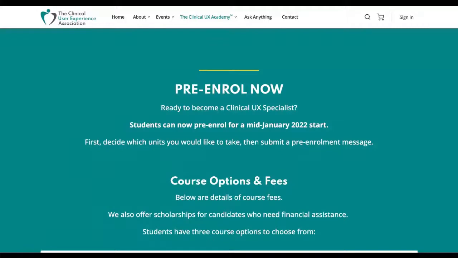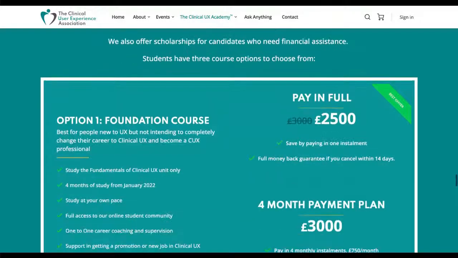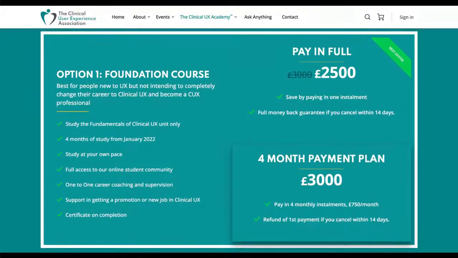So there's basically 3 options that students have when they're taking the course. The first option is what we call the foundation course, where you're just doing the first unit, the fundamentals of clinical UX. This is a 4-month period of study that starts in January 2022. This is ideal for people who have never done UX before.